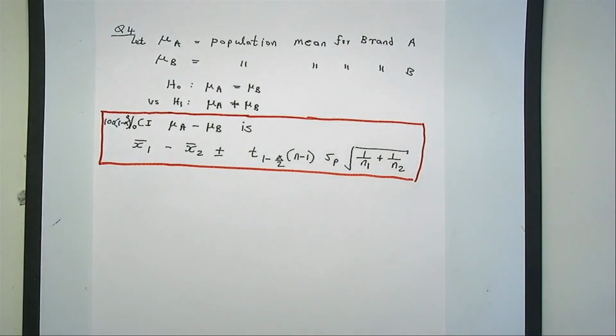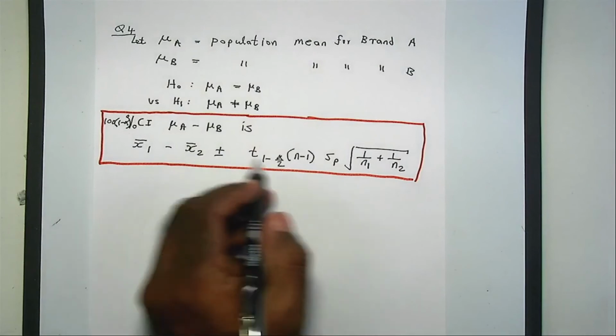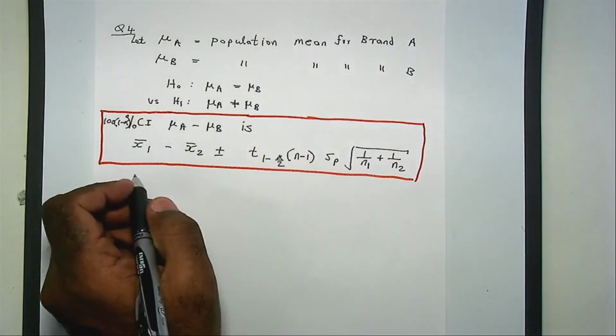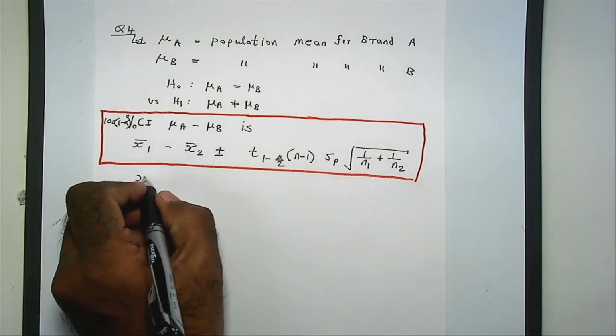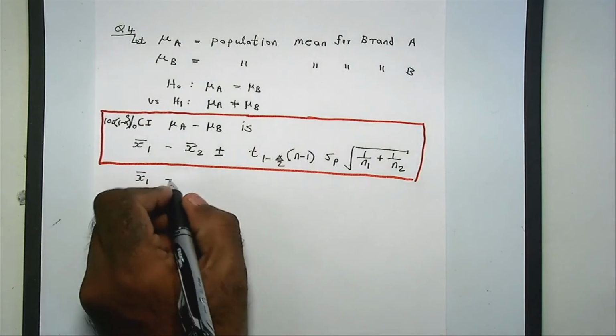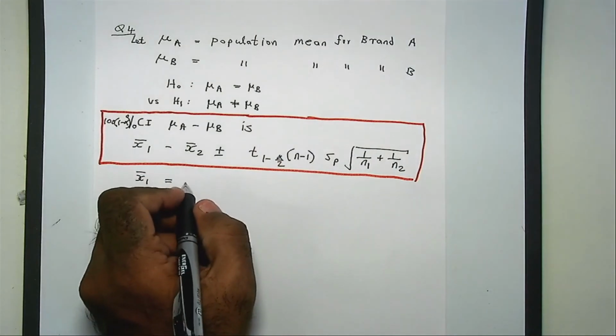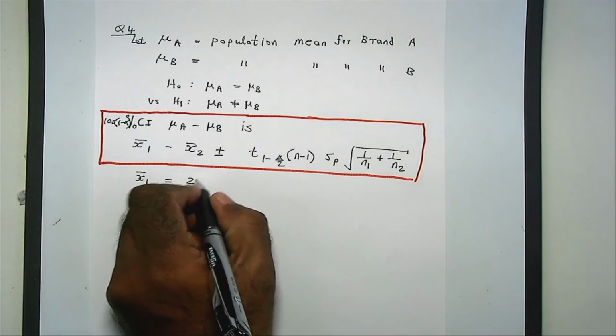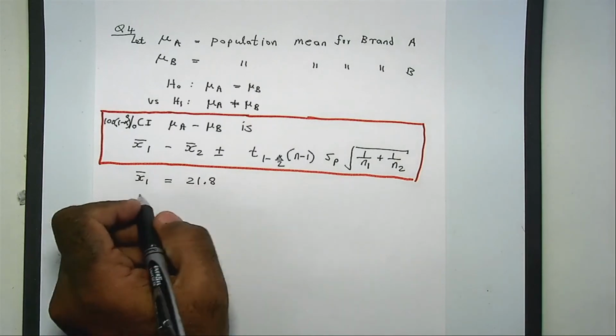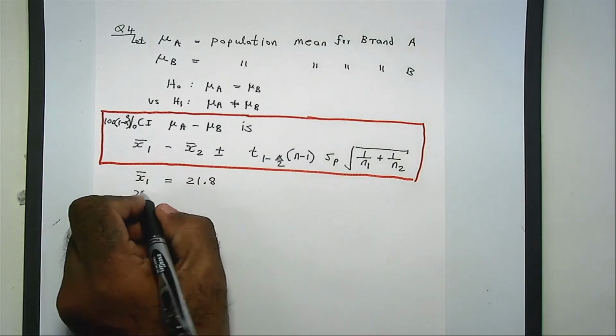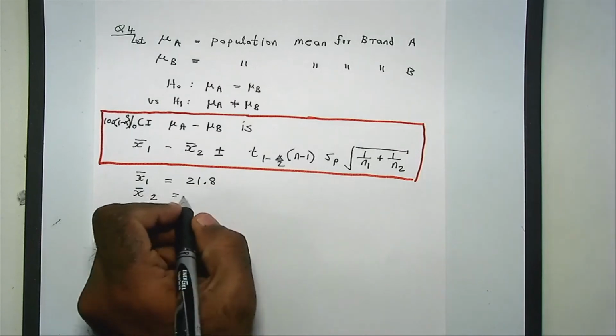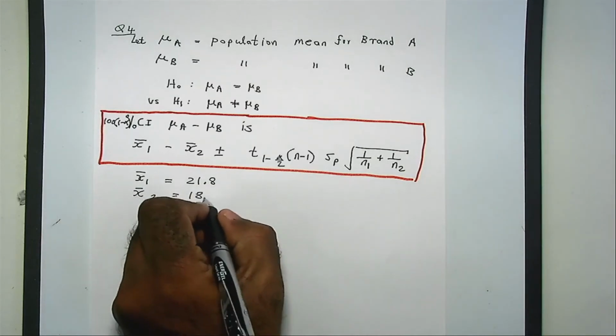Right, now let me write down what each of these things in the formula is. X bar 1 is the sample mean for the first population, which is given to us as 21.8. X bar 2 is given to us as 18.9.